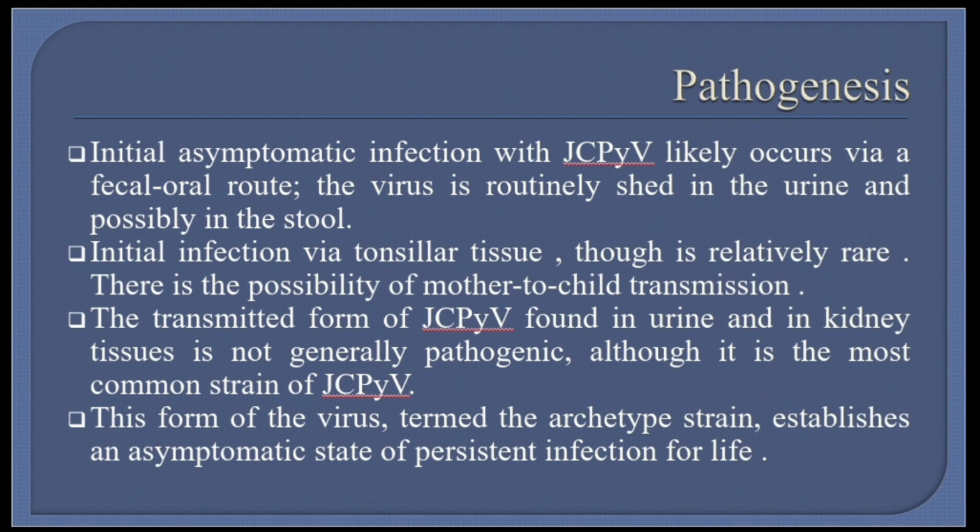The transmitted form of JC polyomavirus, which is found in urine and in kidney tissues, is not generally pathogenic. It is the most common strain of JC polyomavirus, termed the archetype strain, which establishes an asymptomatic state of persistent infection for life.